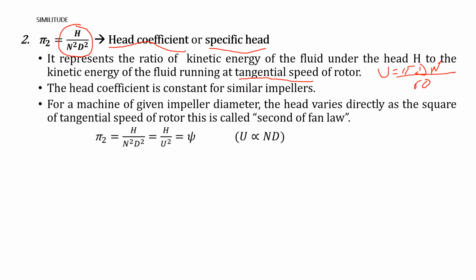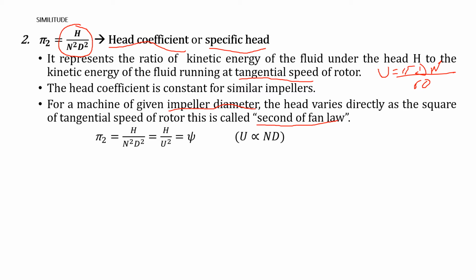So for a machine of given impeller diameter, the head varies directly as the square of the tangential speed of the rotor. I'll repeat: for a given impeller diameter, head varies directly as the square of the tangential speed of the rotor. This we call the second fan law.